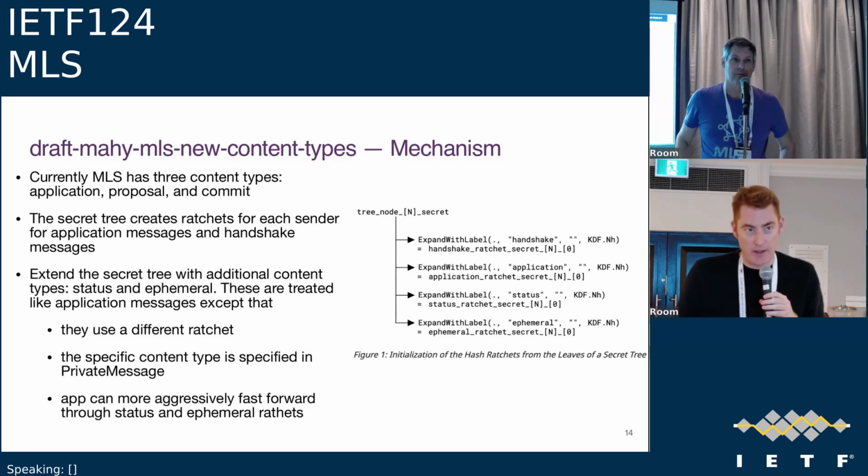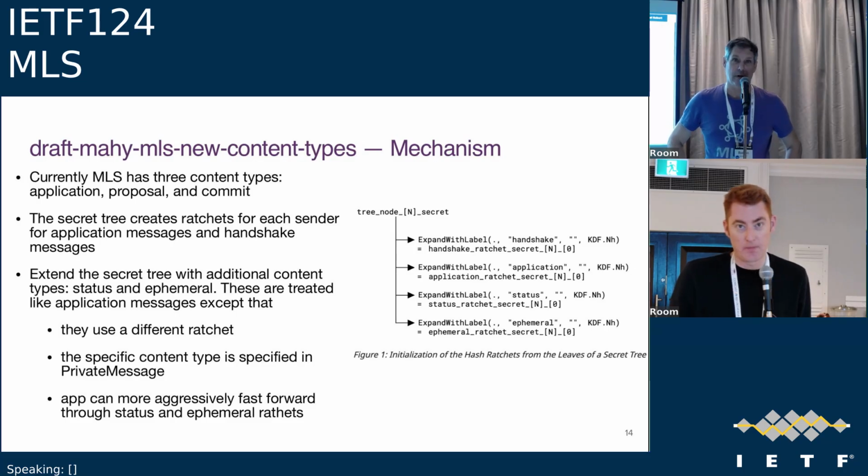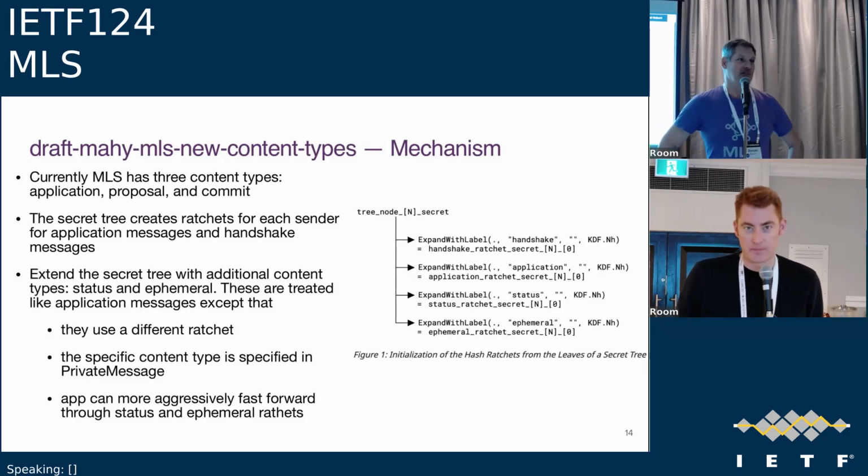And then you said you can skip things. There's a setting in RFC 9750, the MLS architecture, in section 7. It says implementations need to agree on the maximum number of steps that you can advance in one of these ratchets.